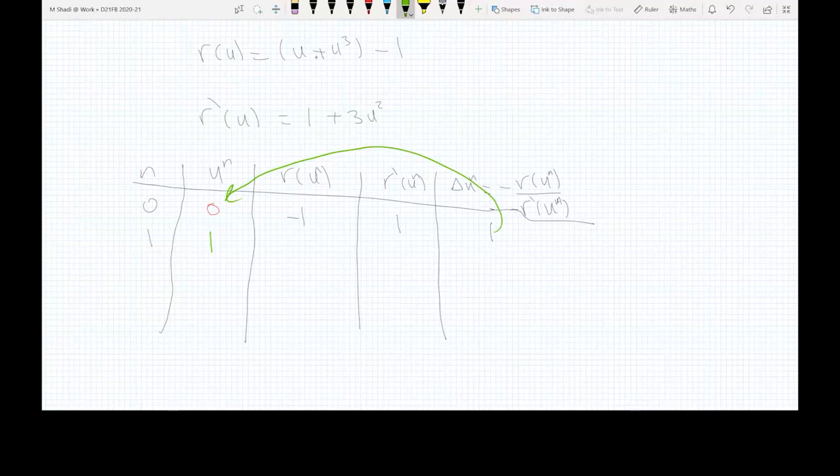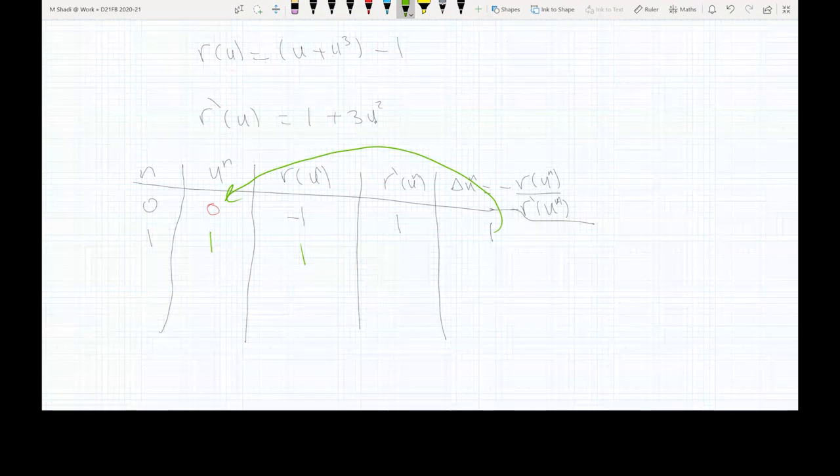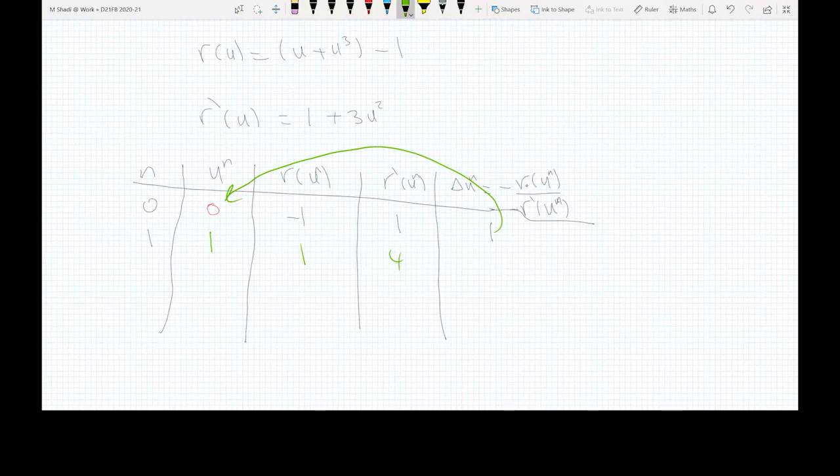So 1 in here, 1 added to 1 cubed is 1, added to 1, so this is 2, minus 1 is again 1. If you come here, 1 added to 3, 1 squared is 4. And then minus 1 divided by 4 is minus 0.25.